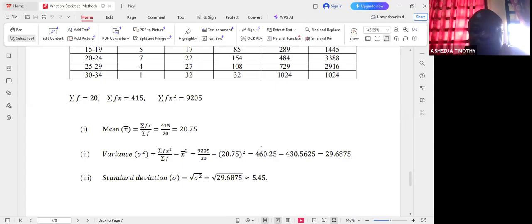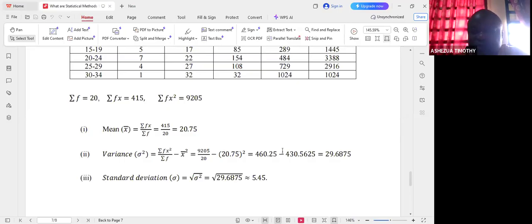9205 divided by 20 is 460.25, minus this. Look at your minus sign here. 20.75 squared mathematically means 20.75 times 20.75, which will give you 430.5625.